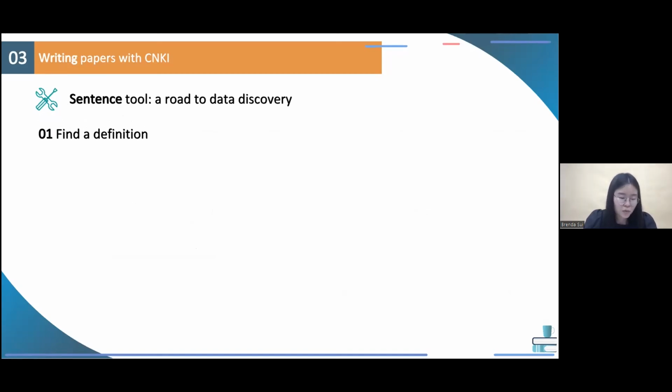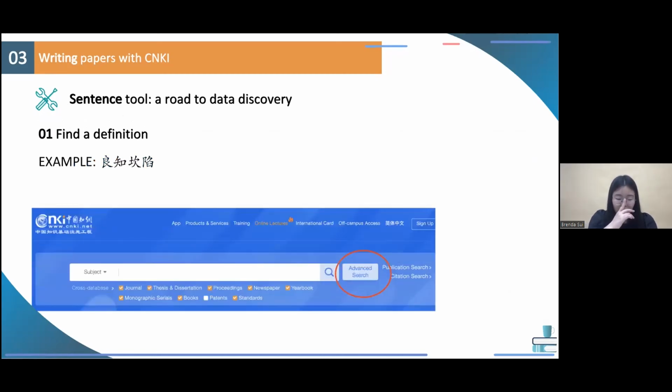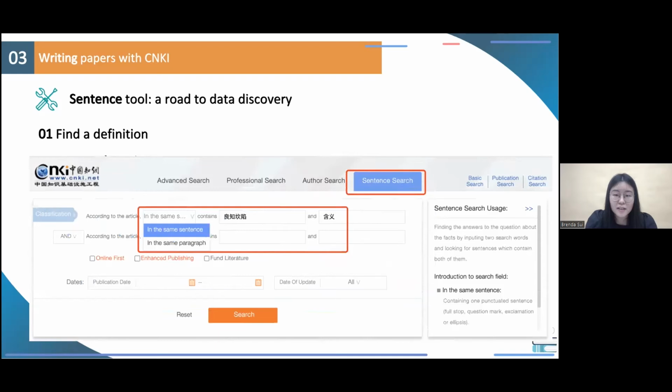If we want to use this tool, we come back again to the main page, choose advanced search, and then click sentence search. For definitions, I can input the term I want to know in the first blank, 两支坎线, and expressions that represent definition, such as 含义 or 内涵 or 定义 in the second blank.